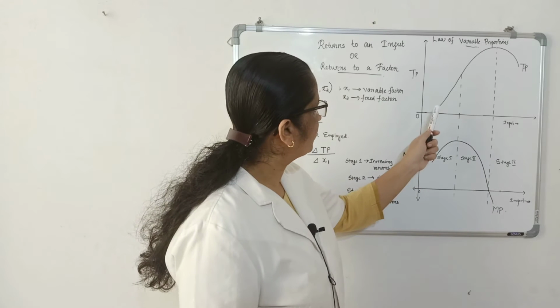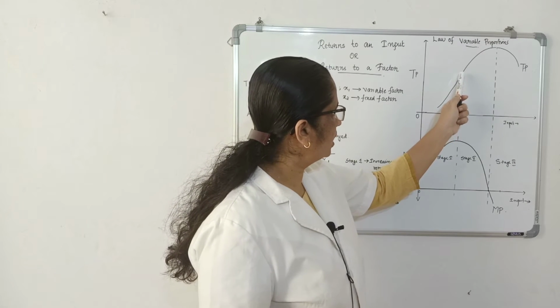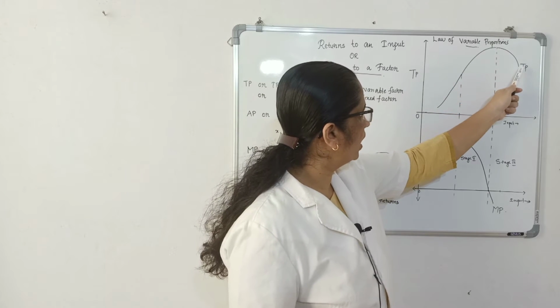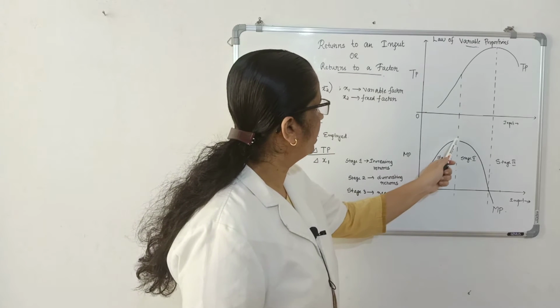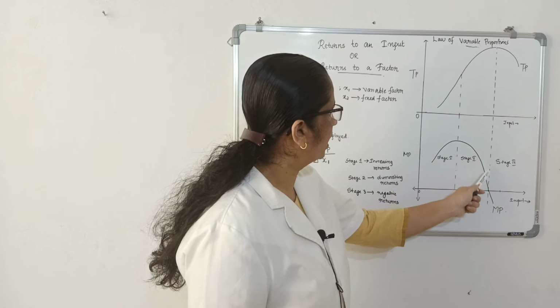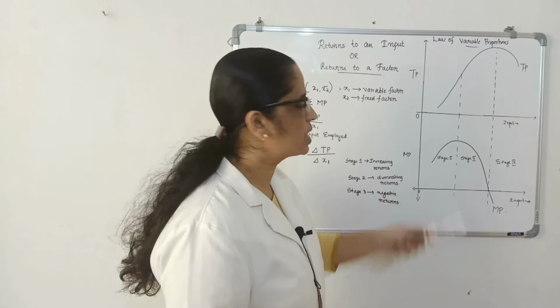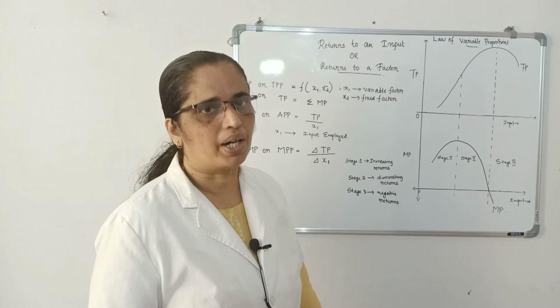You can see here the total product is increasing, reaching a maximum and started to decline. Marginal also increasing, reaching a maximum, declining, 0 and negative. Here you can observe the specific relationship between total and marginal.